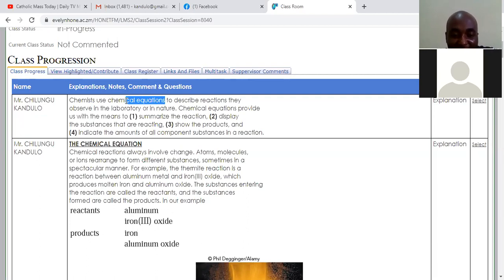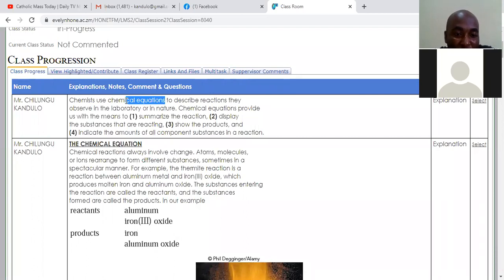This and this are reacting and they are forming that. So to display the substances that are reacting, you show which ones are reacting and show the products. You also show that when this and this react, the result is this. And then indicate the amounts of the component substances in a reaction. Meaning in that case, we also use reactions to help us to understand the stoichiometric relationships there. So that's the reason why reactions are important.